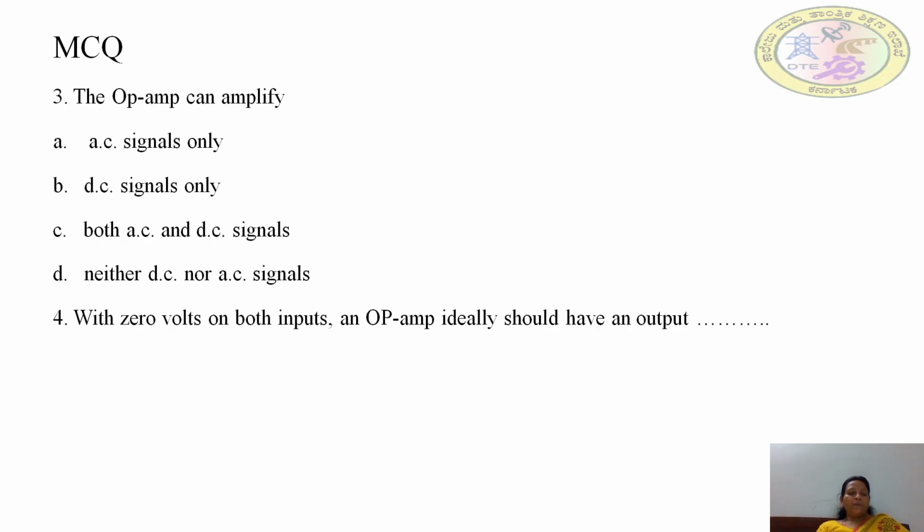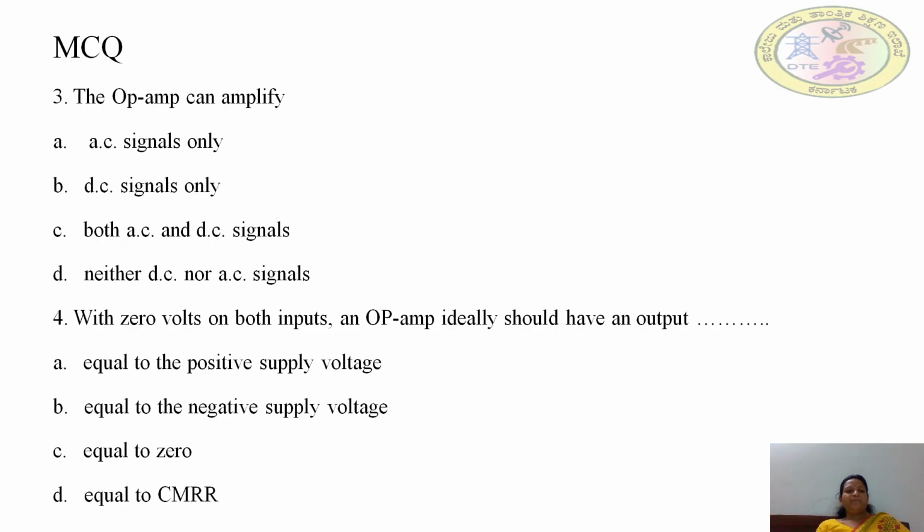Next, look into the fourth question. With 0 volts on both inputs, an op-amp ideally should have an output of what? When the operational amplifier is applied with 0 volts on both the inputs, obviously the operational amplifier would give an output of 0 volts. Option A, equal to positive supply voltage. Option B, equal to the negative supply voltage.